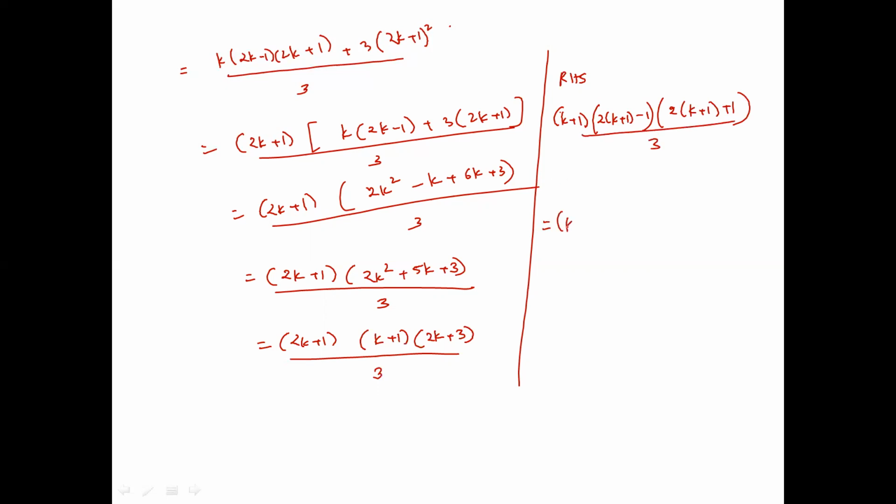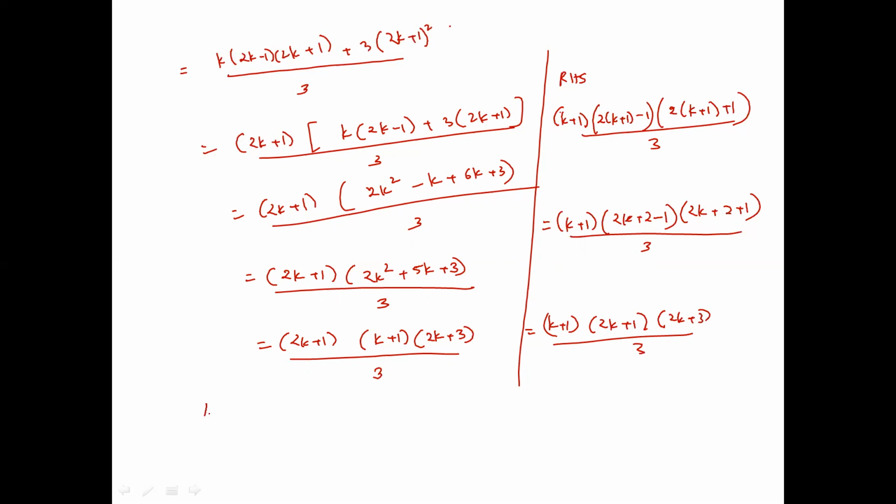And that will be (k plus 1) into (2k plus 2 minus 1) into (2k plus 2 plus 1) by 3. That is nothing but (k plus 1) into (2k plus 1) into (2k plus 3) by 3. So here also we got LHS equal to RHS. That implies P of k plus 1 is true.